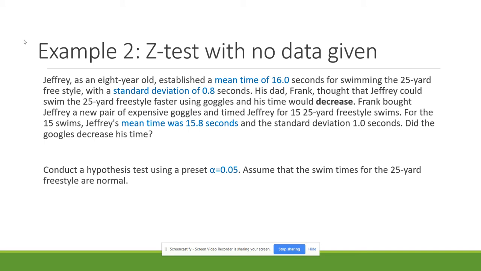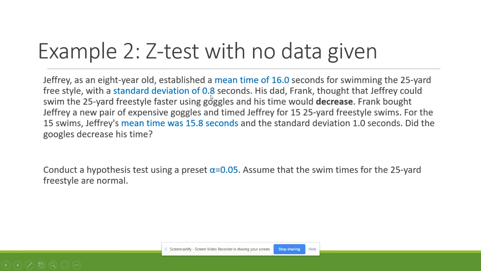Sometimes the easiest thing to do is go find out what your sample is, and then the remaining values could possibly be your population. So again, my sample size is 15, my sample mean is 15.8, and my sample standard deviation is 1.0. So my population mean up here is 16 because it was a time that had been established with a population standard deviation of 0.8.